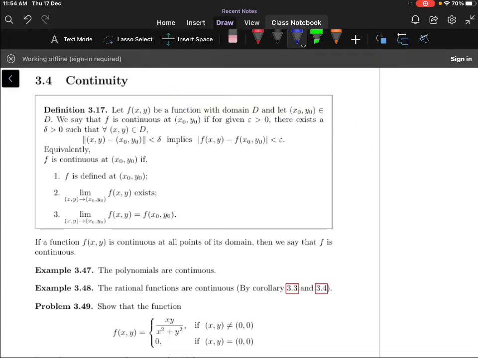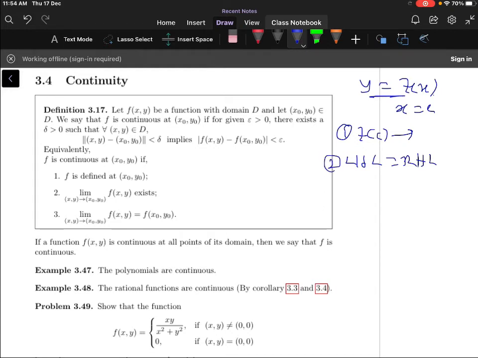So we have seen from the previous examples the continuity of a function of a single variable, f of x. This function is continuous at x equal to c. You know the first condition, f of c should be defined, and the second condition, LHL is equal to RHL: the left hand limit of the function f of x when x approaches c, and the right hand limit must be same, therefore you can say that the limit exists.